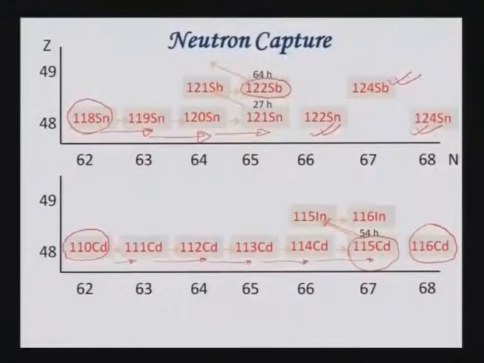If you have too many neutrons, the time scale of one neutron coming and the next neutron coming becomes so small that a beta decay lifetime is much larger than this time, then it will jump over these beta active particles, right.